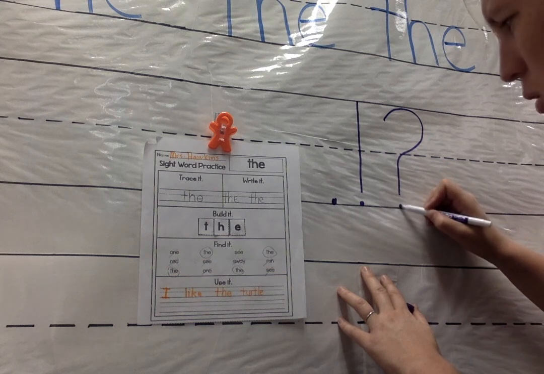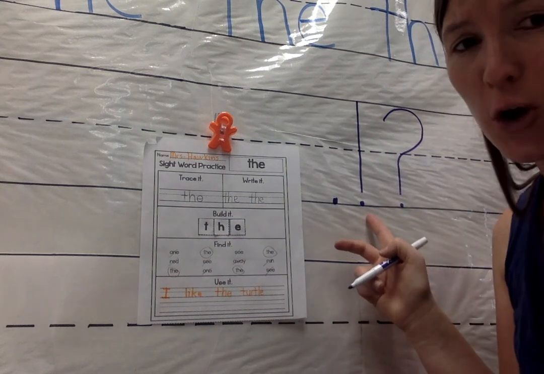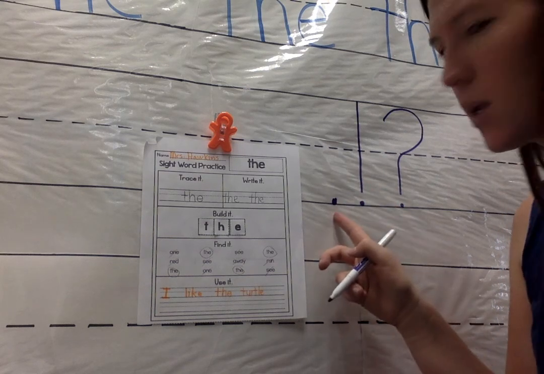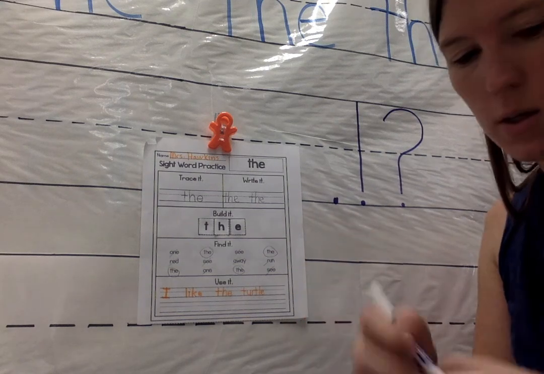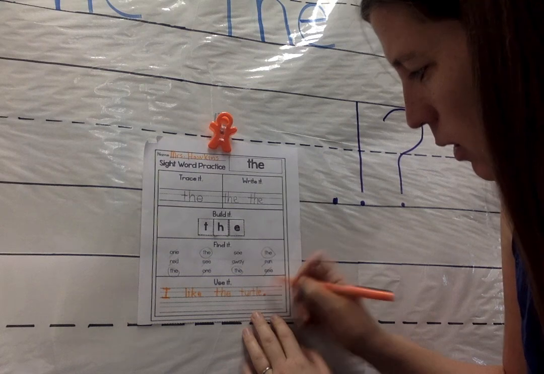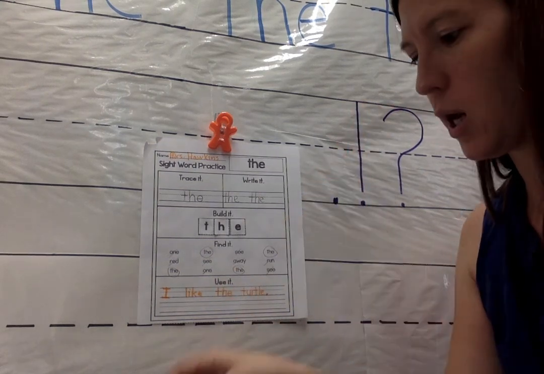I like the turtle? Nope. Am I excited? I like the turtle! Nope, I don't need an exclamation mark. I just need a period. I like the turtle. And that's it. I'll put a period on the bottom, on the ground right there. And if you need help with it, don't forget, ask to use the highlighter.